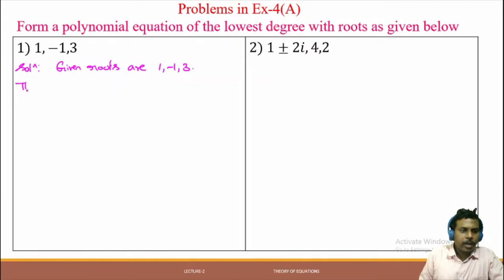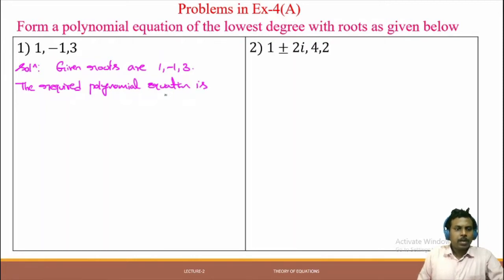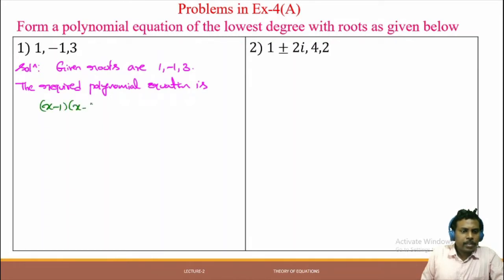The required polynomial equation is x minus 1 into x minus of minus 1 into x minus 3.